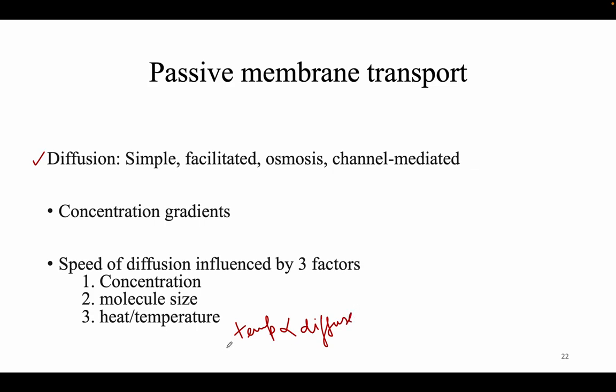More the temperature, more is the diffusion. If the molecular size is bigger, it will take comparatively longer to diffuse. But if it is small, it can run around pretty easily. So if the molecular size is higher, the diffusion rate will be slower.